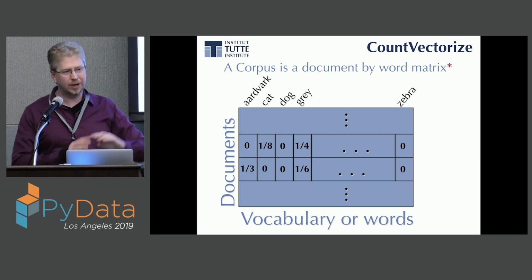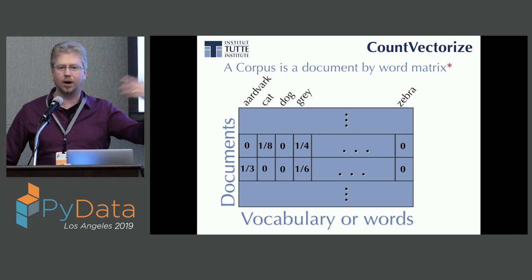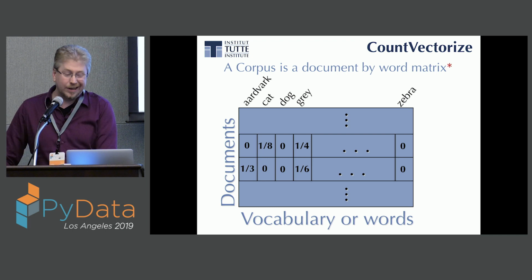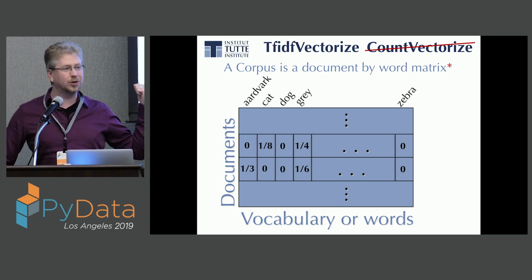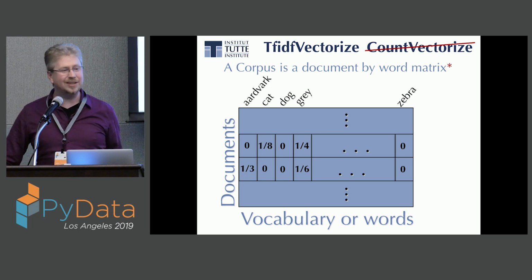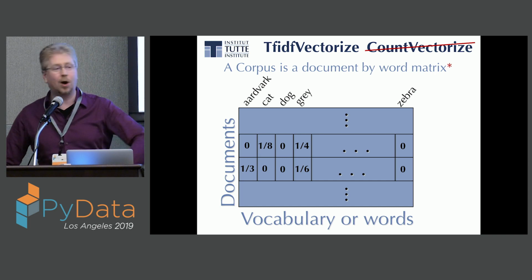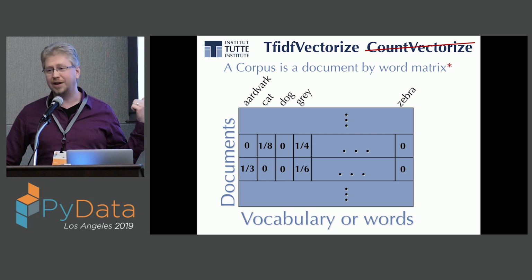There are a number of ways to do that via sort of removing expectation, a few other tricks. This is words like if, and, or, those other style stop words. You're going to see lots of them in every document. But a really common and easy thing to do in NLP literature is something called term frequency inverse document frequency. That is, normalize each column by how often that word appears in all of my documents. You can just swap out count vectorizer for TF-IDF vectorizer and everything just works from that on.